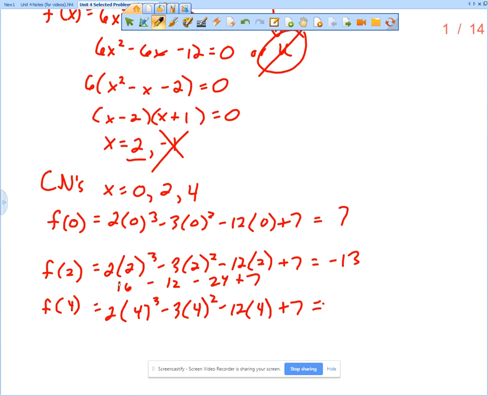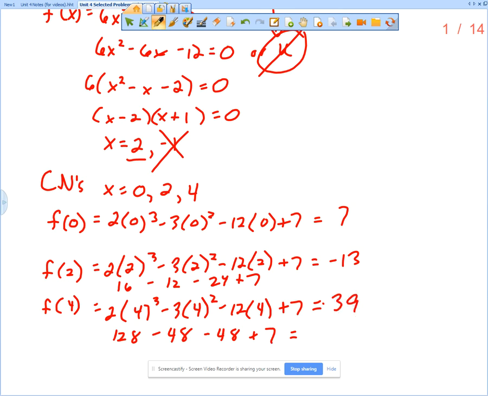So 4 cubed: 4 times 4 is 16, times 4 is 64, times 2 is 128, minus 3 times 4 squared. 4 squared is 16, times 3 is 48, minus 12 times 4, that is 48, plus 7. So 128 minus 48 gives me 80. 80 minus 48 is 32, plus 7 is 39.